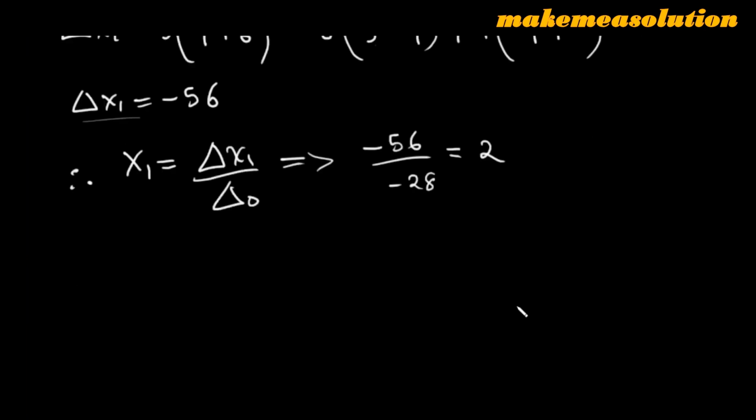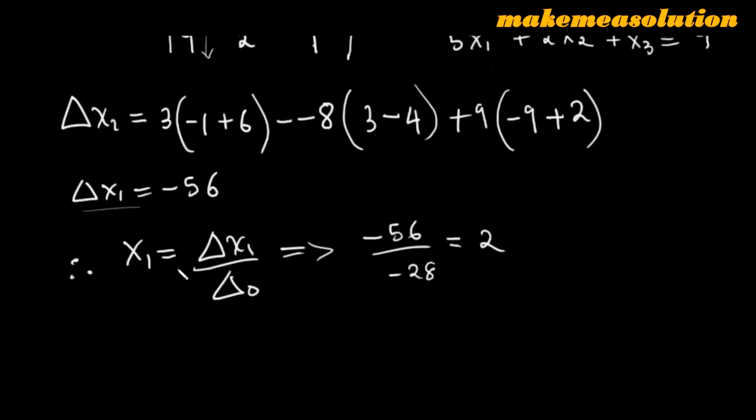Is that okay? So you can pause the video now and try to calculate delta x2 and delta x3 and divide it by delta naught so that you can get the corresponding values for x2 and x3. So when you're done, you can unpause it to see how I'm going to solve it in my own case. Is that okay? So I'm sure you must have done that. So let's dive into the solutions for x2 and x3.